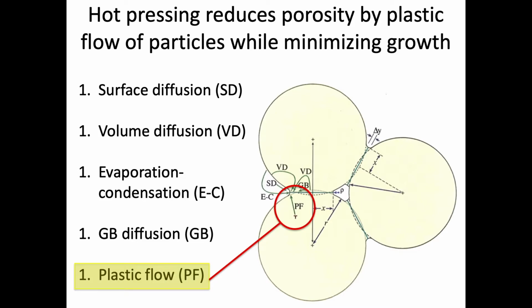With hot pressing, as the term suggests, we're at a relatively high temperature and we're applying a compressive force. At these higher temperatures, we've thermally activated dislocation motion, right? For the most part, when we talked about the mechanical properties of ceramics, we disregarded this phenomenon because we were talking about low temperature. But here, we've increased the temperature enough so that we can talk about plastic flow. And that plastic flow is the mass transport mechanism responsible for this enhancement.